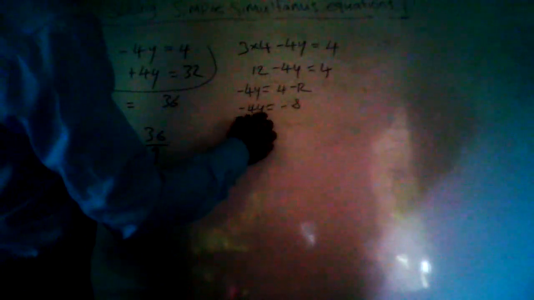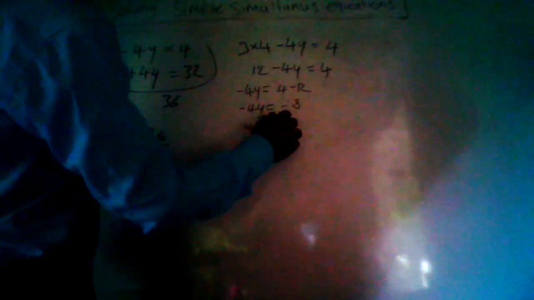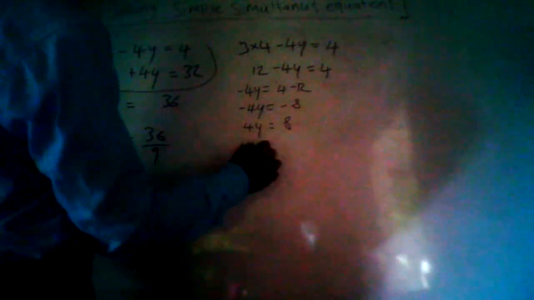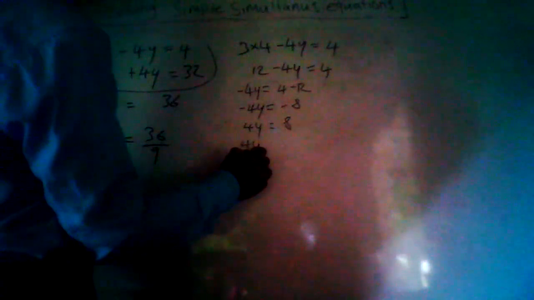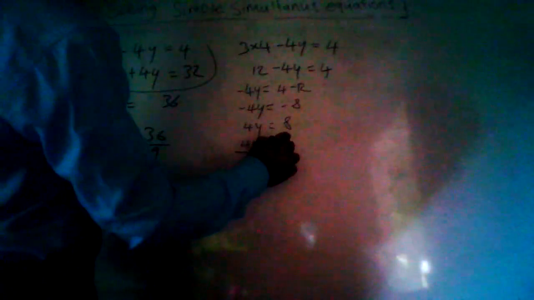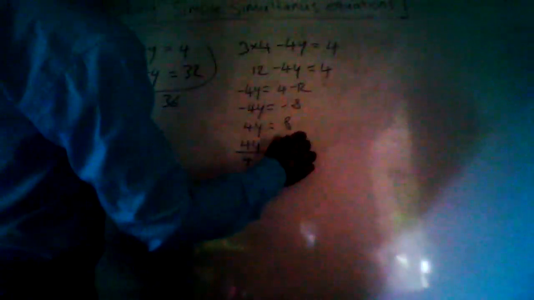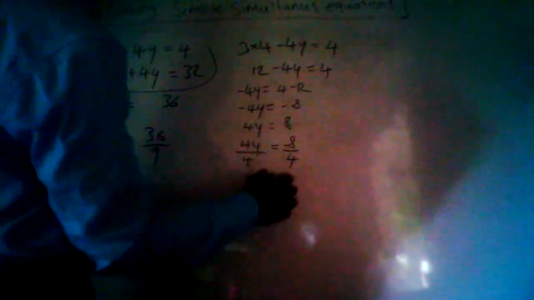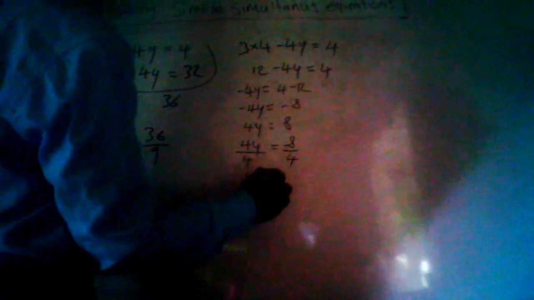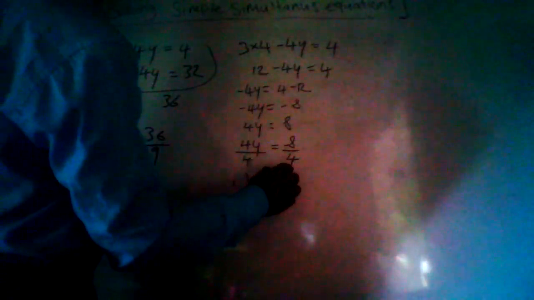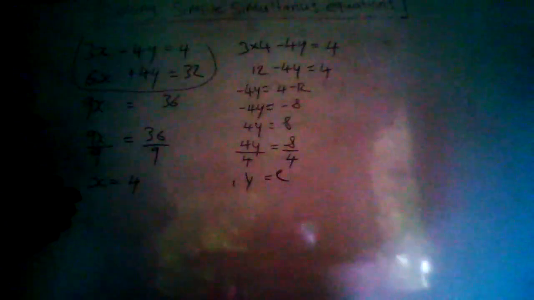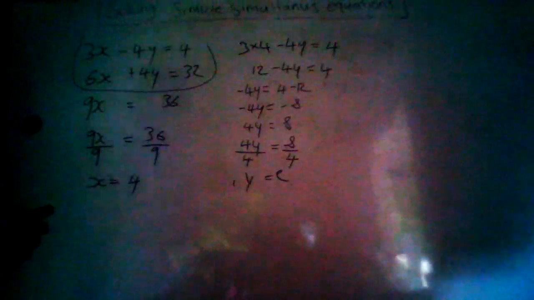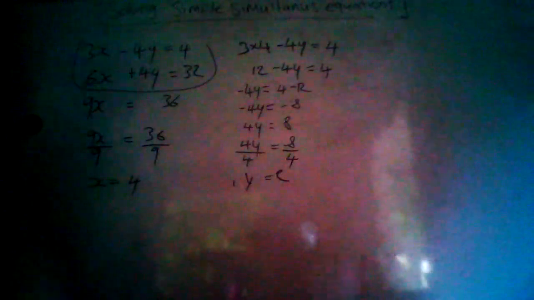So this will be 4y equal 8. 4y divided by 4 equal 8 divided by 4. So y would be equal to 8 divided by 4, and 8 divided by 4 will be equal to 2. So in that case we have x equal 4, y equal 2.